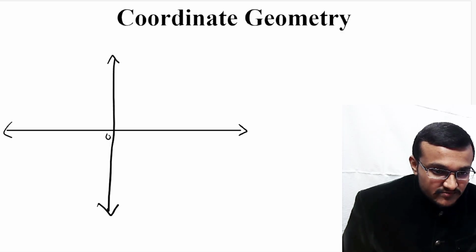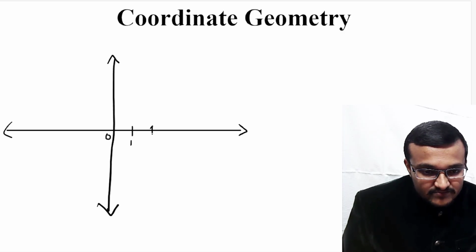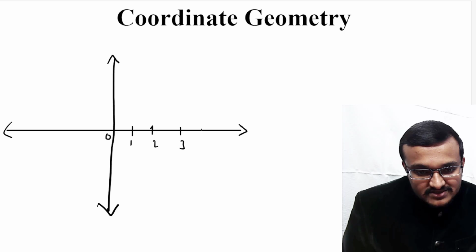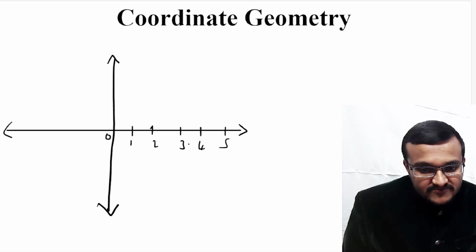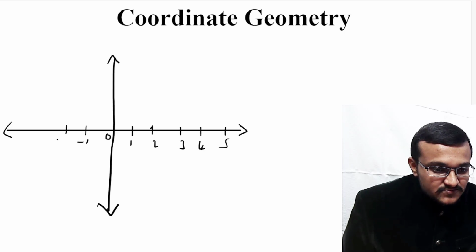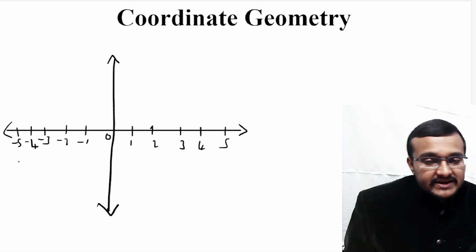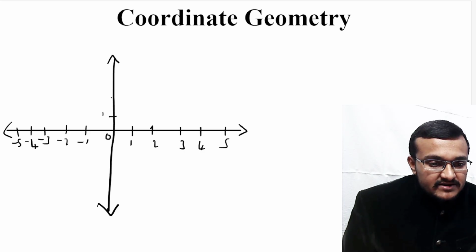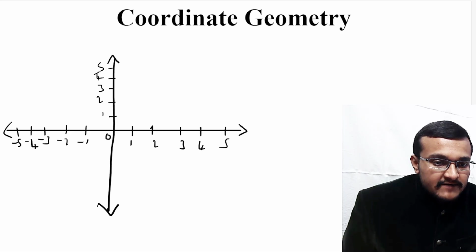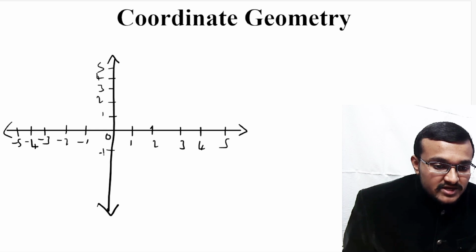So here 0 will be there, here 1, 2, 3, 4, 5, and here also it is minus 1, minus 2, minus 3, minus 4, minus 5. Here also it will be 1, 2, 3, 4, 5. So this is the positive y-axis.